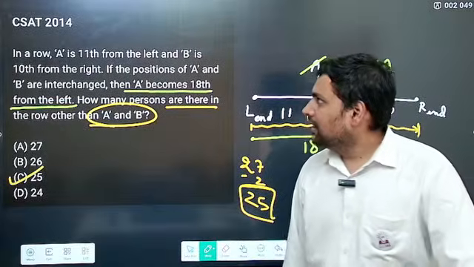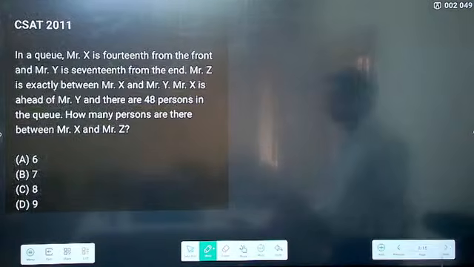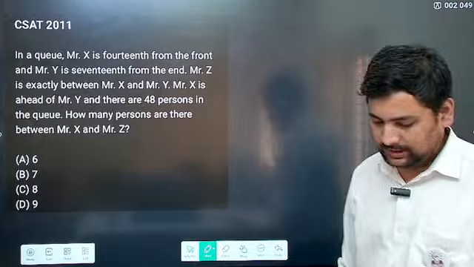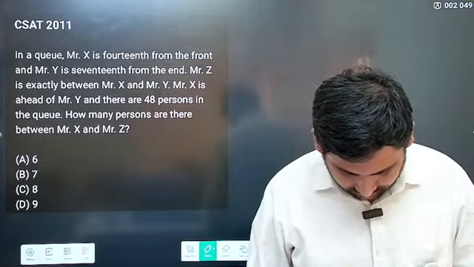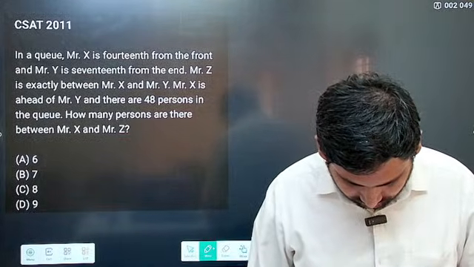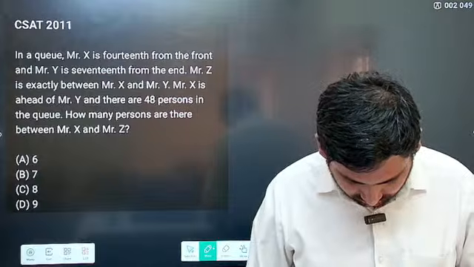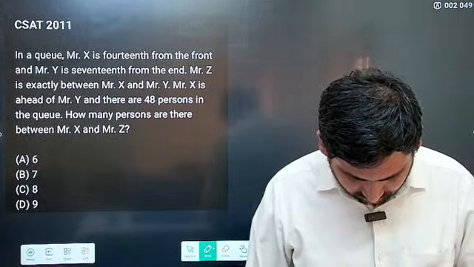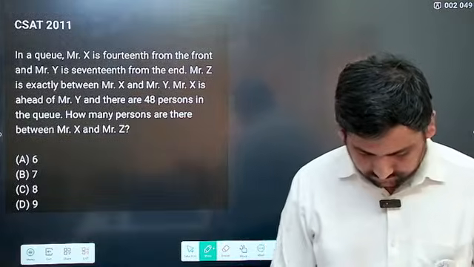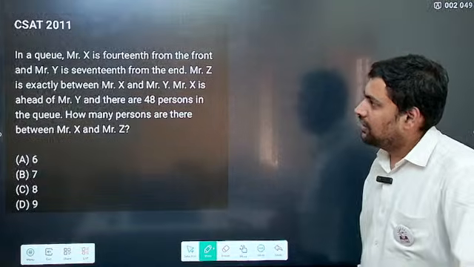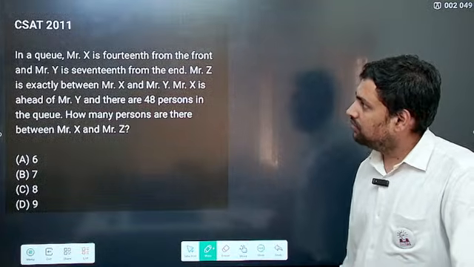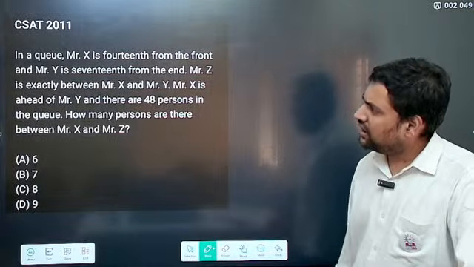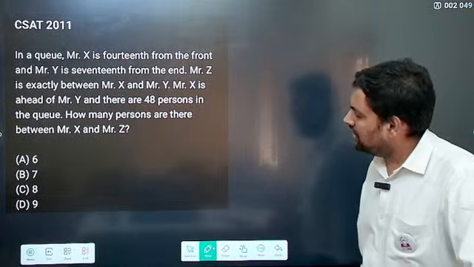Then let's do this. In a queue, Mr. X is 14th from the front and Mr. Y is 17th from the end.